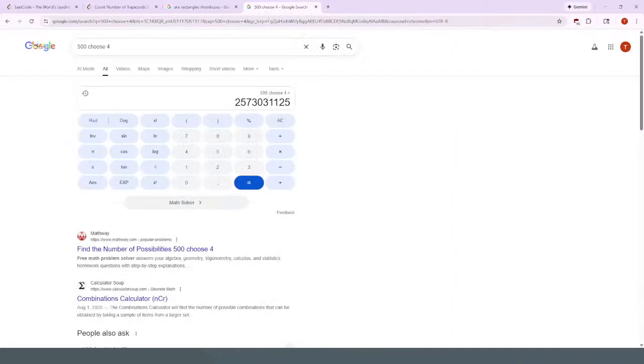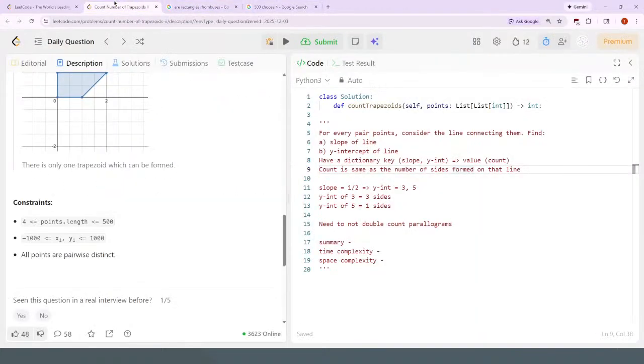Okay. That's what, 25 billion? That's 2.5 billion. So that's too many to have some sort of set.